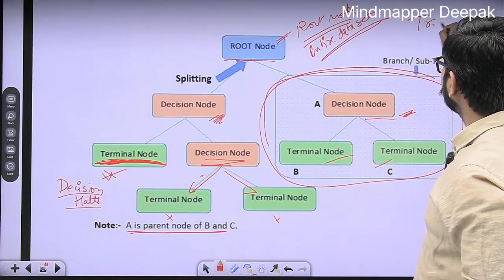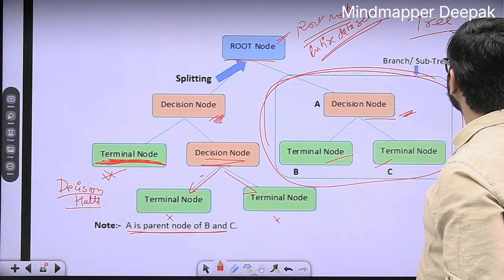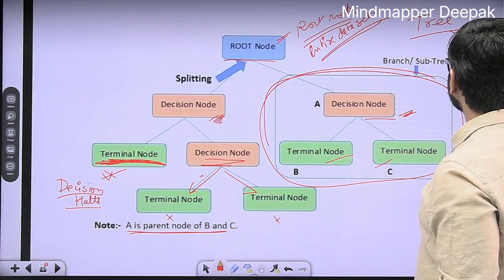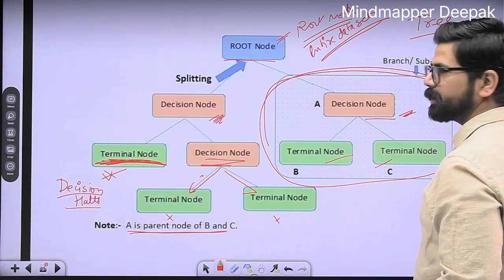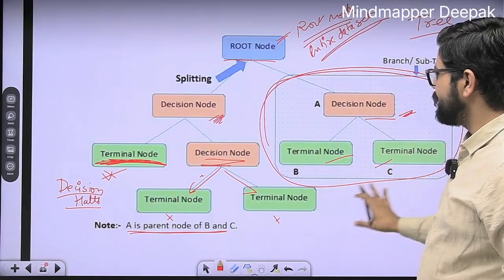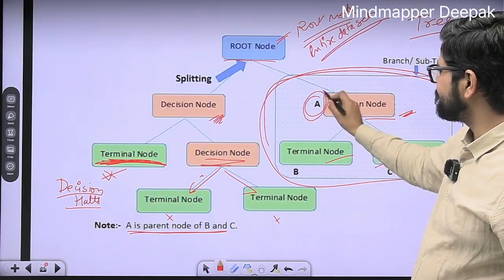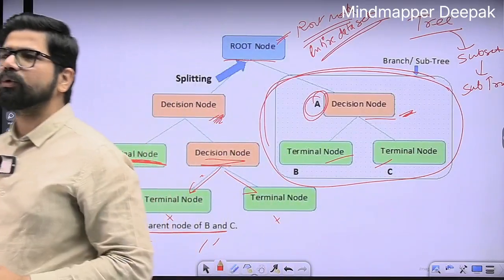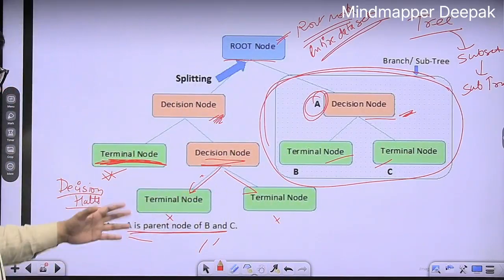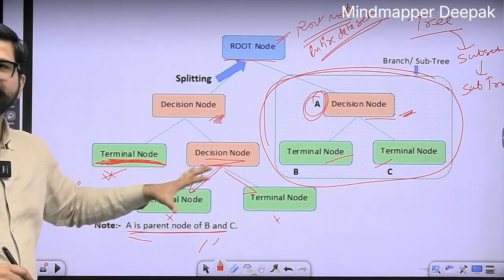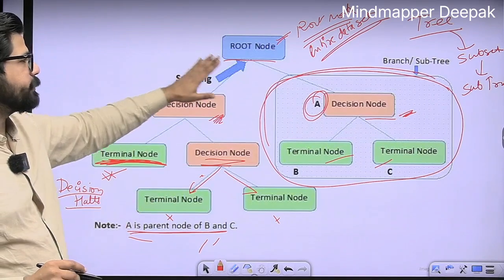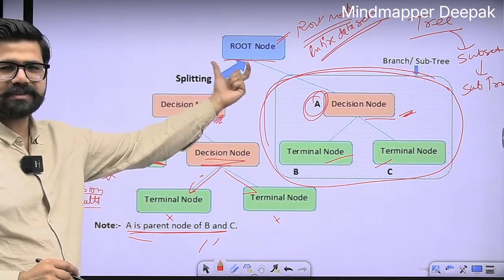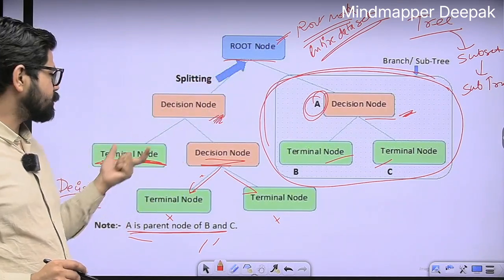The tree has subsets which are the subtrees, or the branches. In this subtree, A is the parent node for B and C. I hope this diagram helps you understand the basic things: what splitting is, what a root node is, what a decision node is, and what a terminal node is.